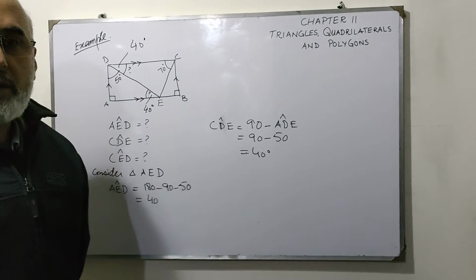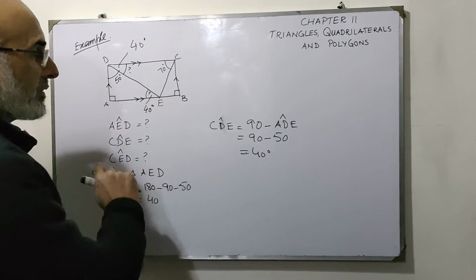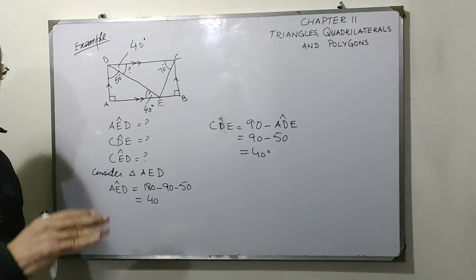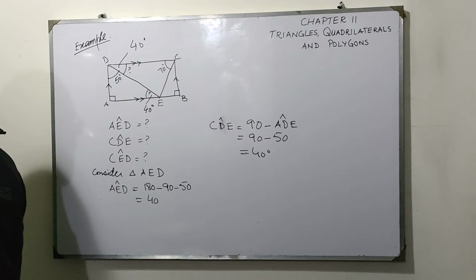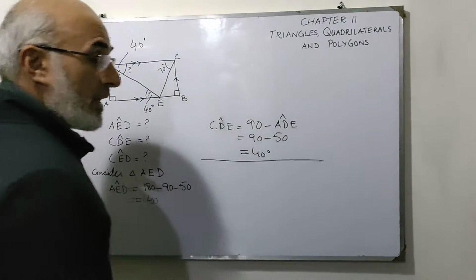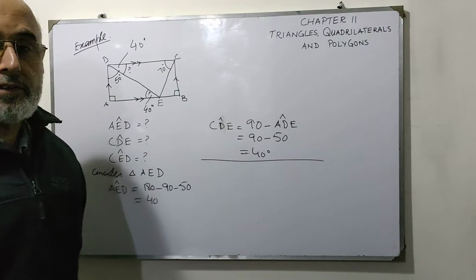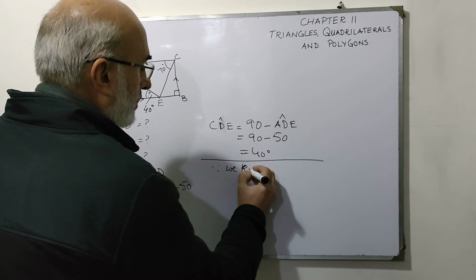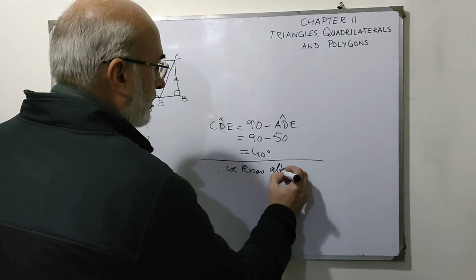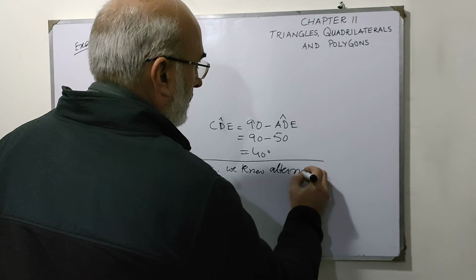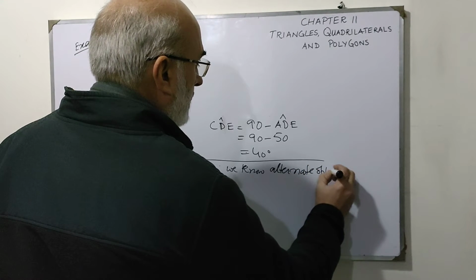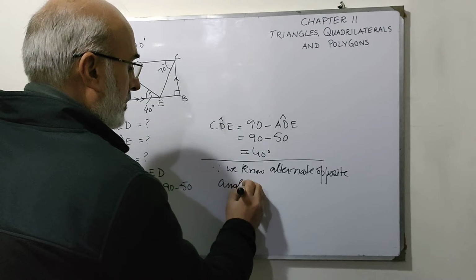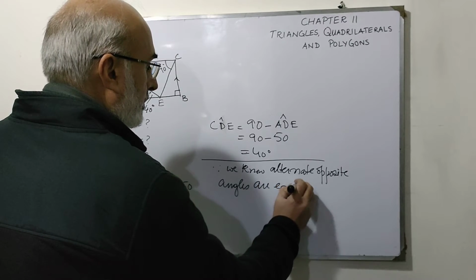Now, while starting this example, I said these two are parallel lines and this is a transversal. If we remember the property of a transversal intersecting two parallel lines, there is a property of alternate angles. Since we know alternate opposite angles are equal.